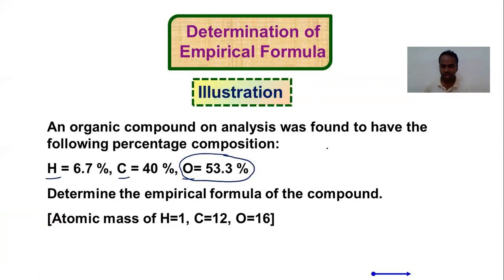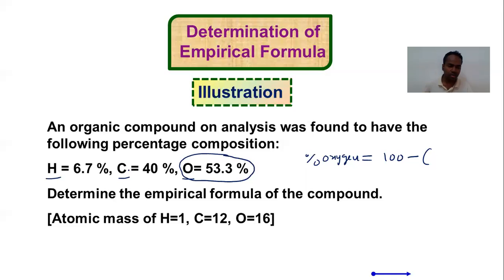The percentage oxygen is equal to 100 minus the sum of the percentages of all the remaining elements. If you take this compound, oxygen is there and the remaining elements are carbon and hydrogen.